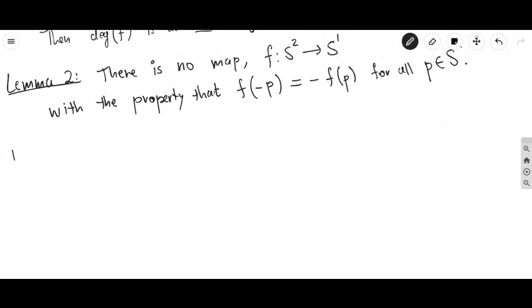This is a pictorial proof, and it's an exercise to write this into a more careful proof.